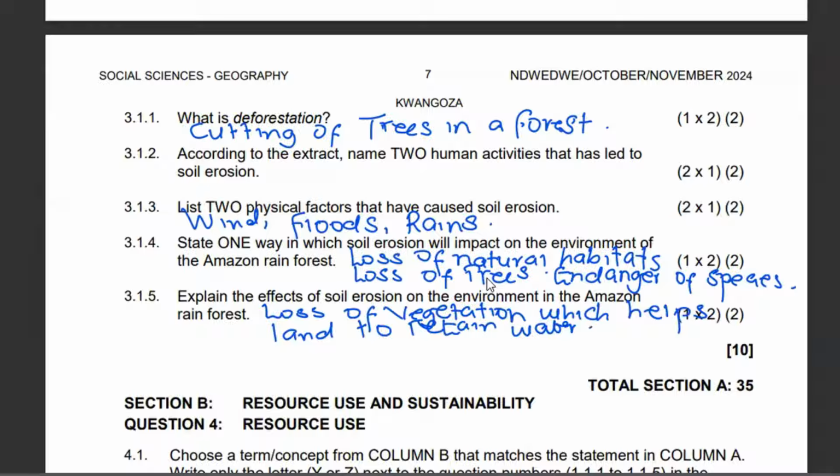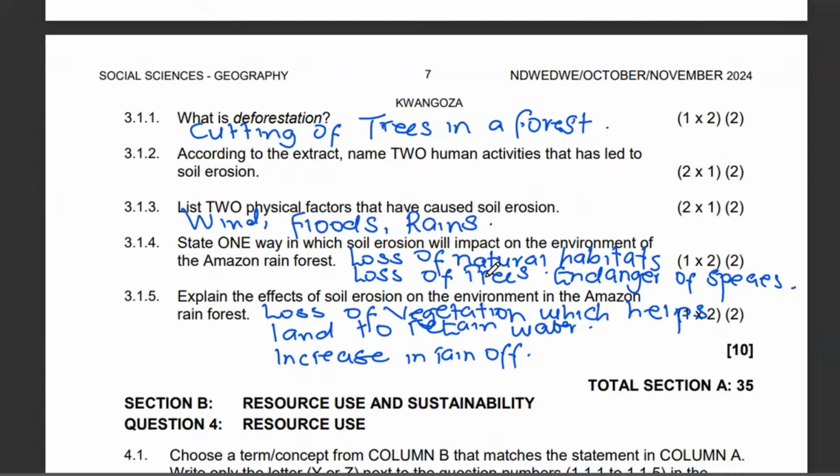There will be an increase in runoff, as vegetation does not protect the soil.